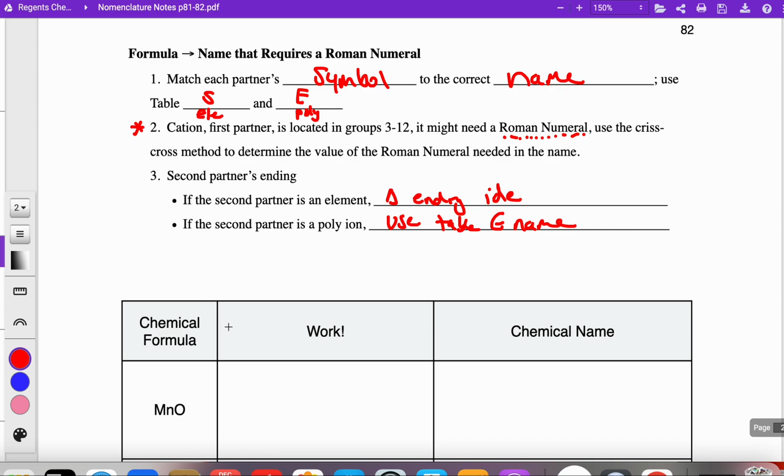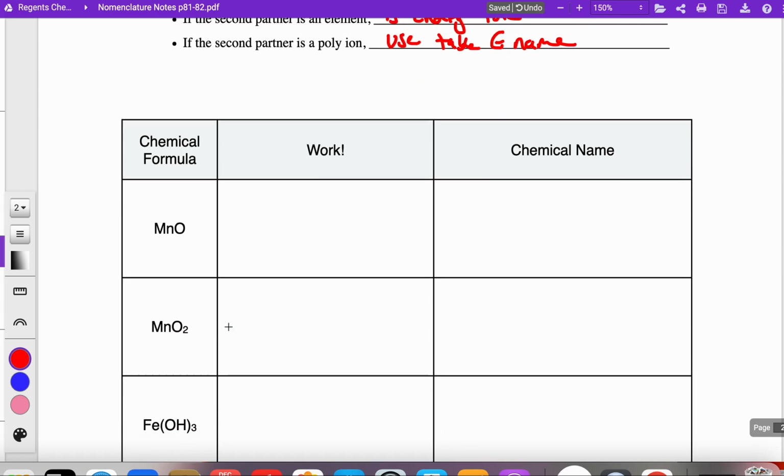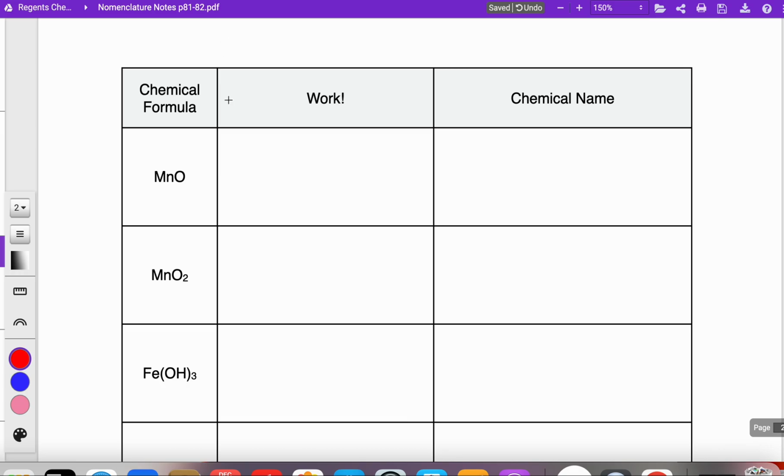Okay, so let's take a look at what we have. We have a chemical formula, MnO, no polyatomic. Mn, which we know here is manganese, and O stands for oxygen.